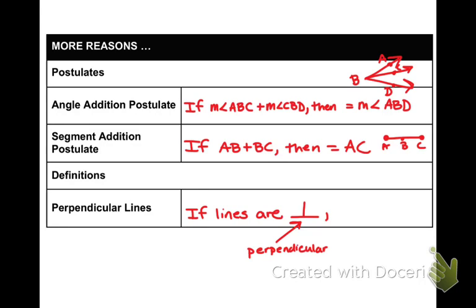If lines are perpendicular, then they intersect at a right angle. I'll use the angle sign for my word angle.